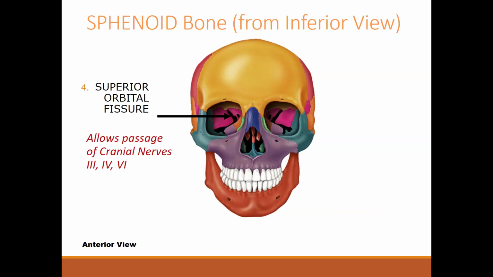Okay, there's one on the front also, the superior orbital fissure. This is going to be where some nerves pass through to the nerves that move the eye. So on the front view, look for that slanted upper part there. The other one is the inferior. We're just looking at the superior.